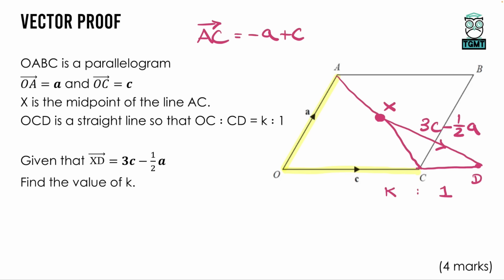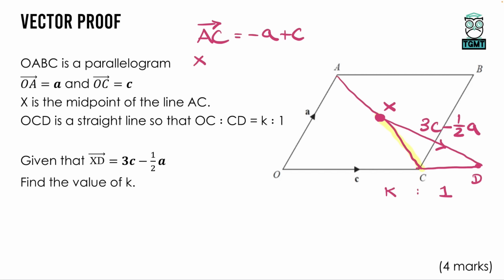Now that is the full vector from a down to c. Now we only wanted to know half of that, and it tells us x is the midpoint, so we can use the fraction 1/2. If it's split into a slightly different ratio, like 2 to 3 or something like that, we have to use slightly different fractions, but this one's a midpoint.